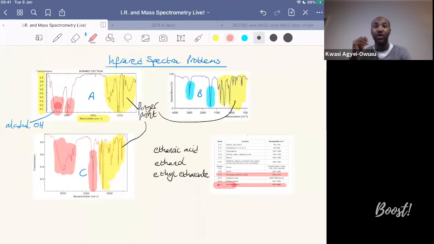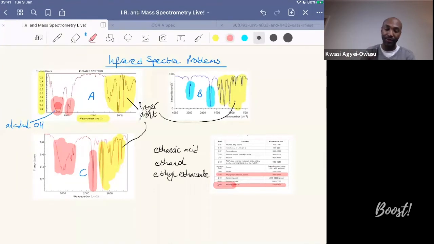Okay, and then if we look at the absorbance just before 3,000, that is typical of a CH, so about 2,850 to 3,100. Now, that isn't very useful for us because almost all the organic molecules that you will come across have got CH bonds in them. So if you're trying to distinguish between ethanoic acid, ethanol, and ethyl ethanoate, while yes, you can identify the CH absorbance, in practical terms, it's not going to help you to work out the structure of your molecules, given that they all have CH bonds.